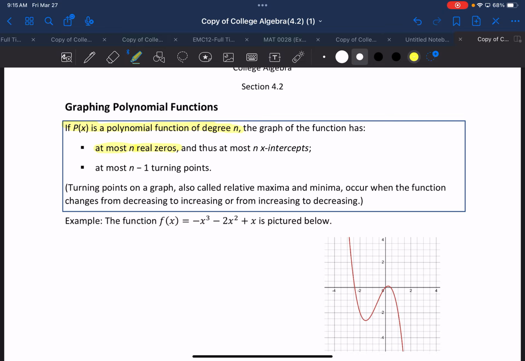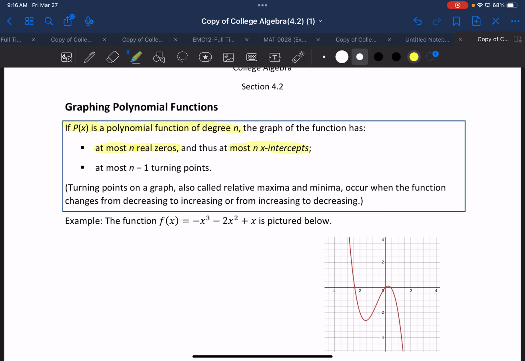And real zeros are the x-intercepts. So if the degree is 3, that polynomial will have at most 3 x-intercepts. It can have 3 or less. It will not have more.